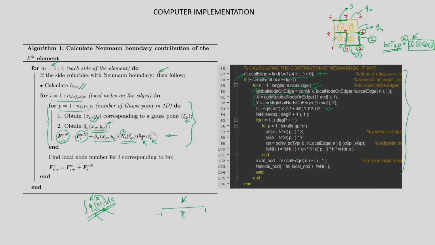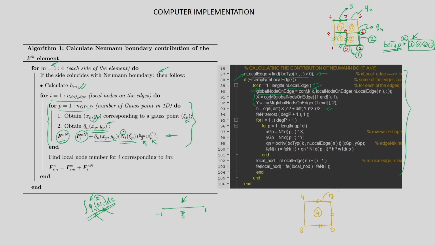Now just note that, suppose I draw element 4 here, only element 4. The global nodes are 8, 9, 7 and 4. These are the global nodes. These are the 2 internal boundaries, so we do not have to calculate anything. This part lies on the Neumann boundary condition, the third boundary, so over this we have to calculate the contribution.